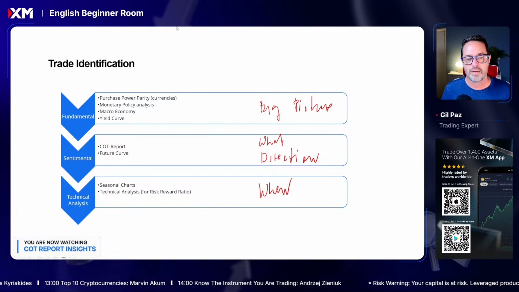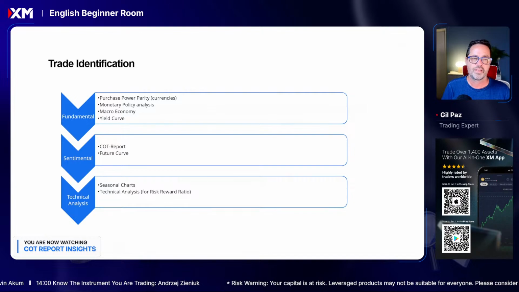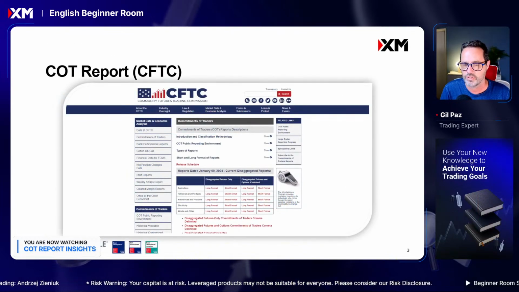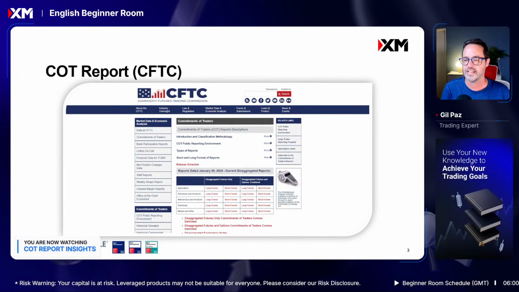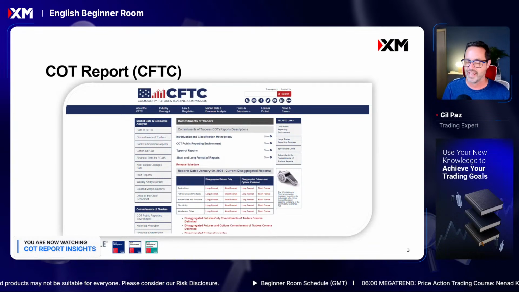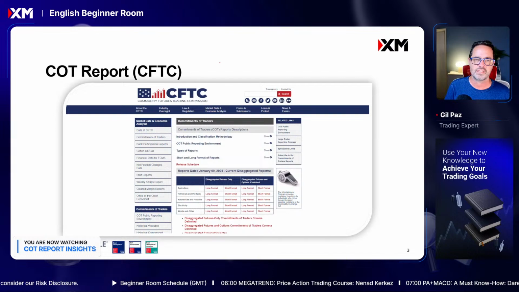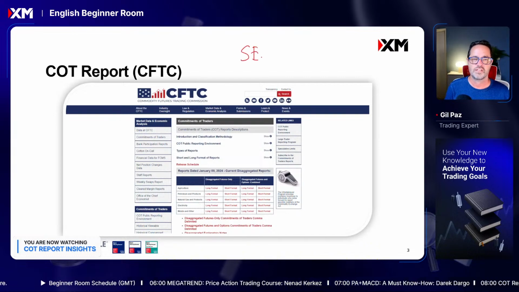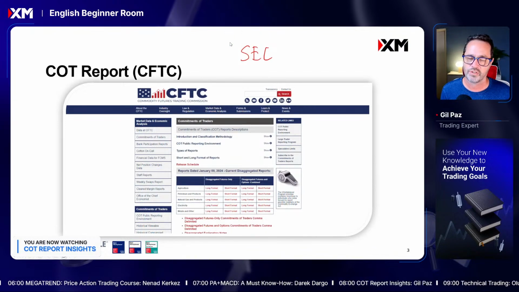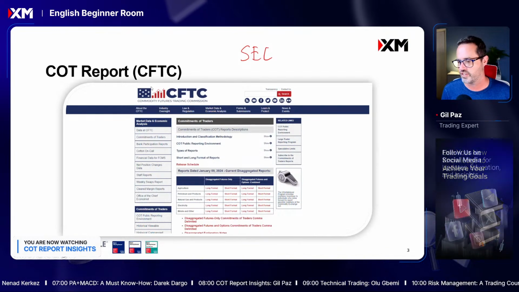Okay, so I put the groundwork for how my trading strategy works. The CFTC is publishing the COT report. In the US, there are 2 regulatory bodies for financial markets. The SEC is responsible for assets in the United States and how they are regulated, and the CFTC for derivatives.